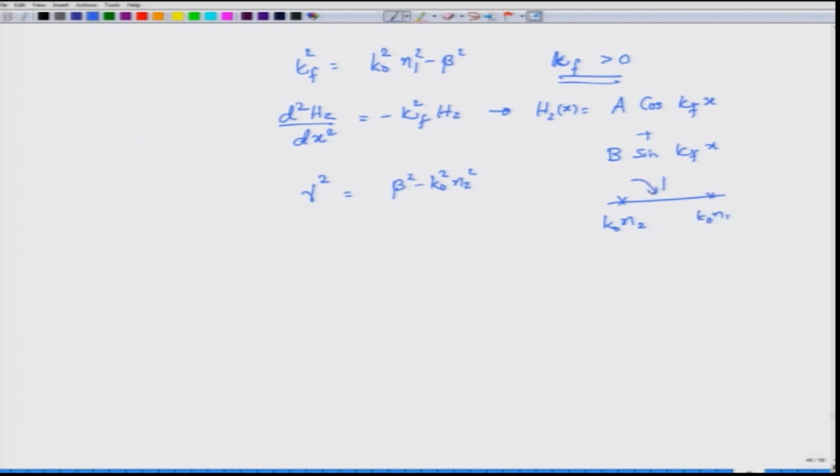So, beta can lie somewhere over here. We have seen this already in the previous module. So, now once I have defined this gamma, okay, as beta square minus k0 square n2 square, clearly gamma is positive, kappa f is also positive, but the solutions are going to be different, okay, because the solution here will be d square Hz by dx square will be equal to.